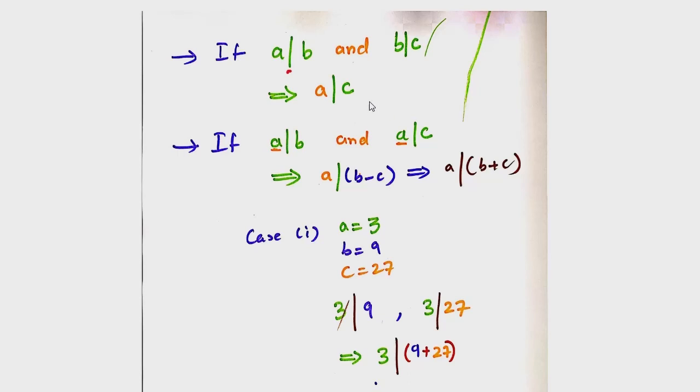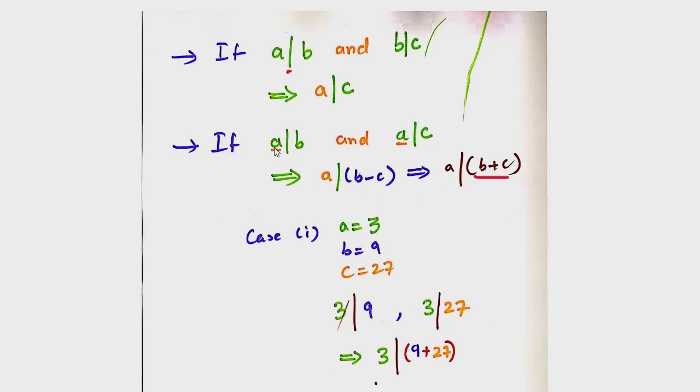So yeah, a is a factor of c in this case, and a is a factor of b in this case, and b is also the factor in this case of the c. Now we have another example. For example, a is dividing b and a is dividing c. All right, so the assumption says that a should divide b minus c, or a should divide b plus c.